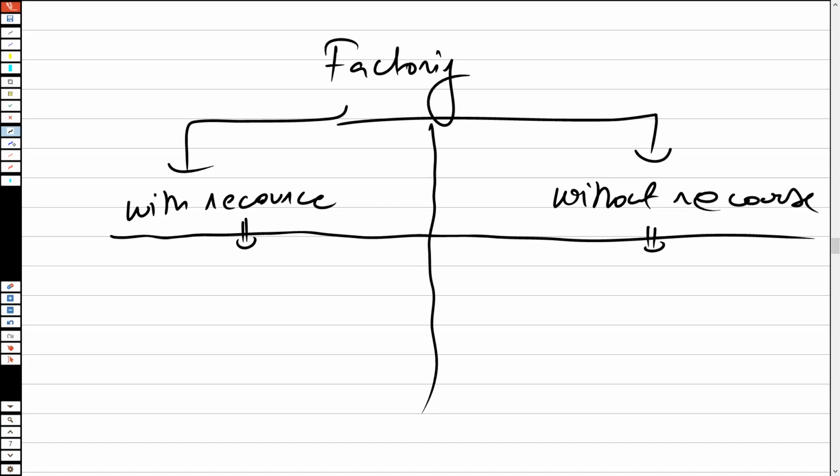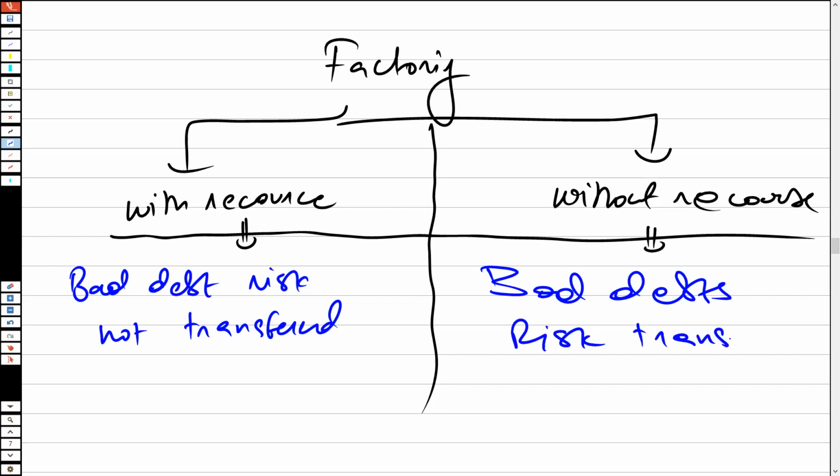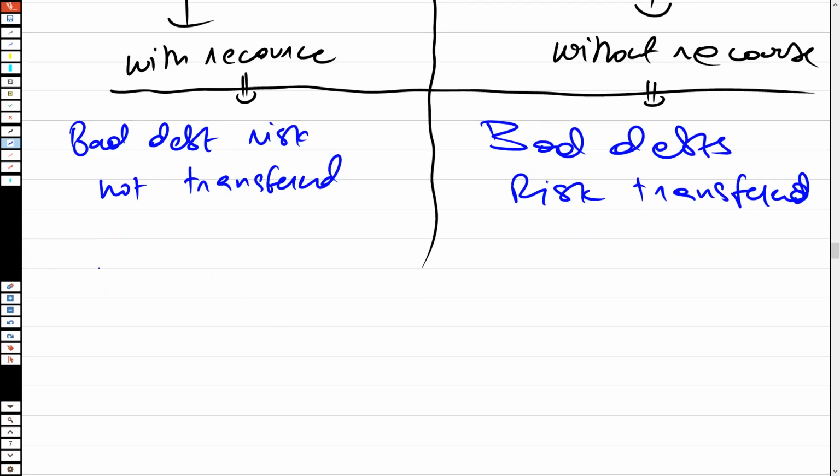When you talk about the with recourse factoring, the bad debt risk is not transferred. When you talk about the without recourse factoring, you would say the bad debt risk has been transferred.